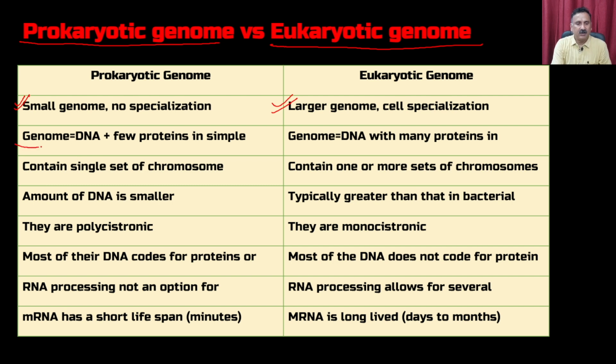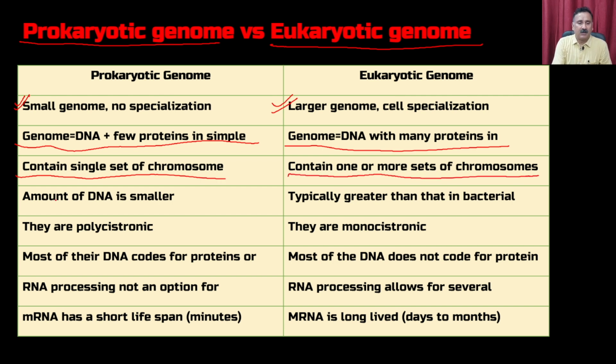The genome is going to be DNA and a few proteins in a simpler manner, whereas in the case of eukaryotic cell, the genome is present and many proteins are involved such as the histone proteins and so on. It contains a single set of chromosome, whereas in the eukaryotes you can have multiple sets of chromosomes. The amount of DNA is going to be small in the case of prokaryotic genome. It is going to be typically a very large number of DNA which is present in eukaryotes.